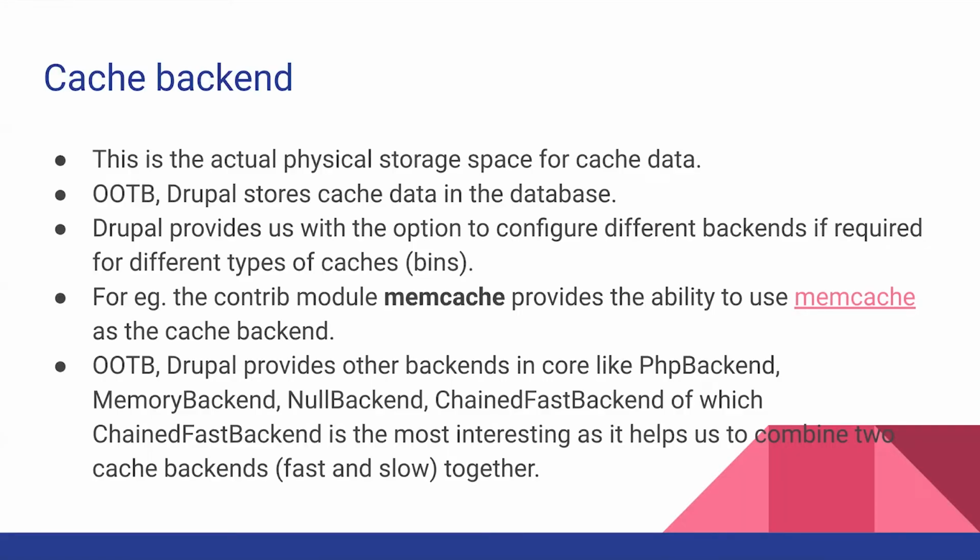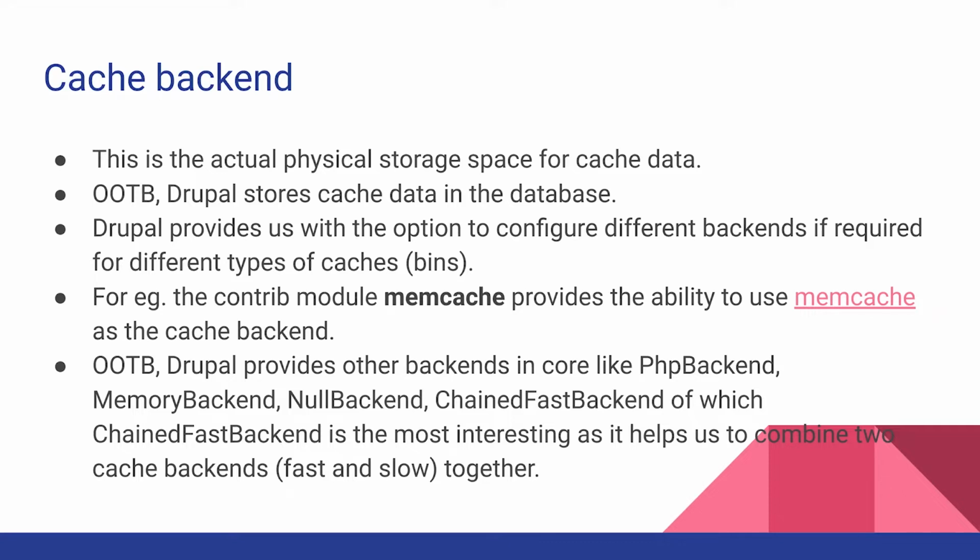The actual physical storage location where the cache data is stored is called the cache backend. Out of the box, Drupal stores almost all the cache in the database. We'll look at that later in the practical demo. Basically there are specific tables which are allotted for cache data.